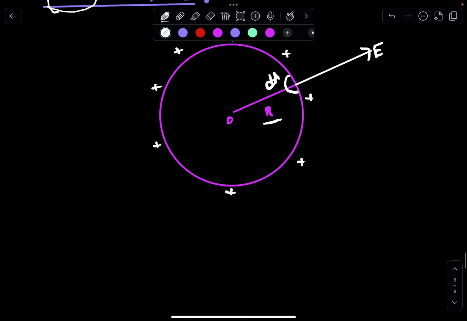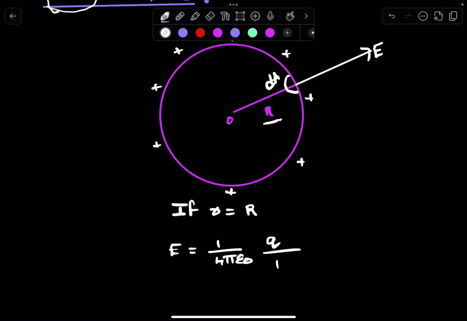So I'm going to write the condition here. If small r is equal to capital R, then the electric field is equal to 1 by 4 pi epsilon naught into q by capital R square.